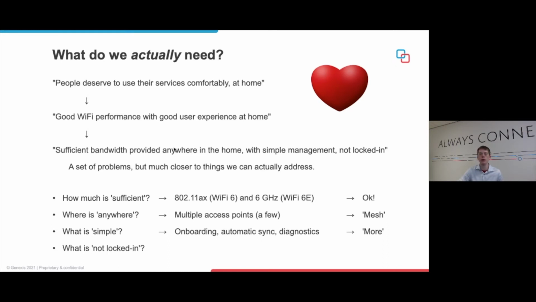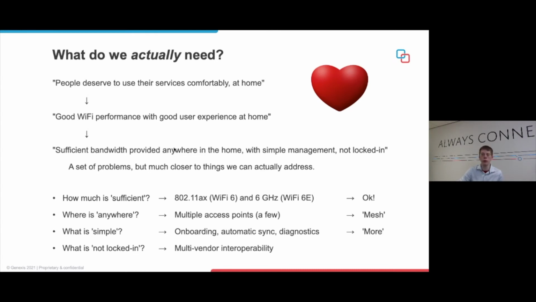And then finally, just about this not locked in, which on the one hand perhaps sounds very obvious, especially if you're an operator, you don't want to be locked into a solution. But what does that mean? Well, of course, here in the mesh networking, it means that you need to have multi-vendor interoperability, because now when we have multiple access points in a single home environment, maybe not all the access points belong to a single vendor anymore, because you don't want to be locked in, and so on.